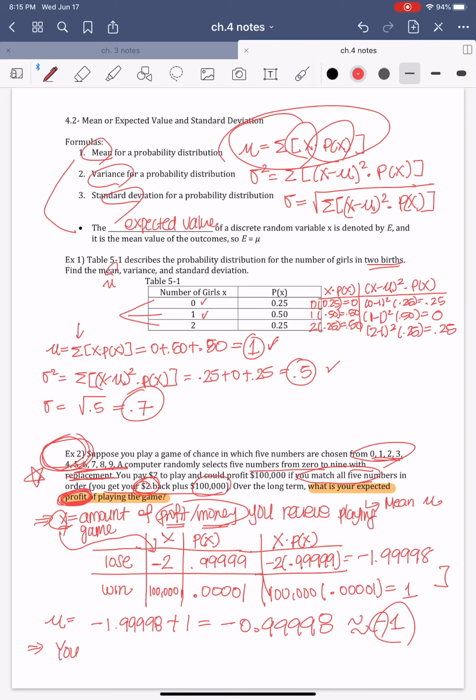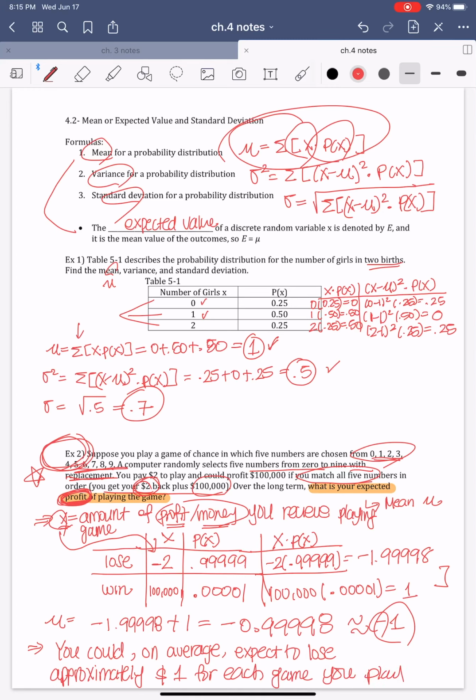You could, on average, expect to lose approximately $1 for each game you play. Okay, so every time you play, you're going to lose about $1.